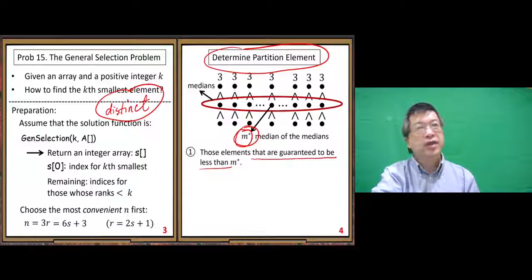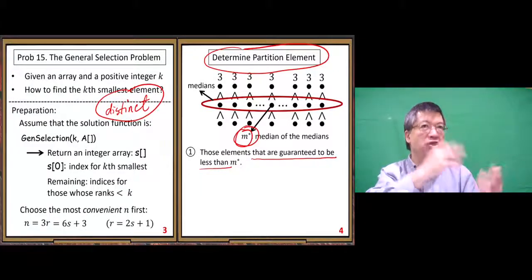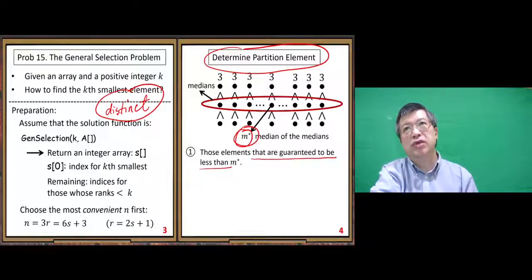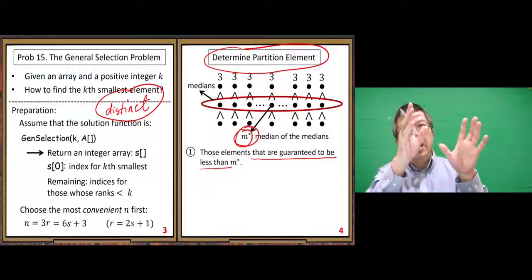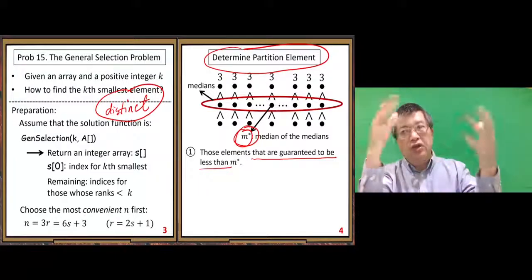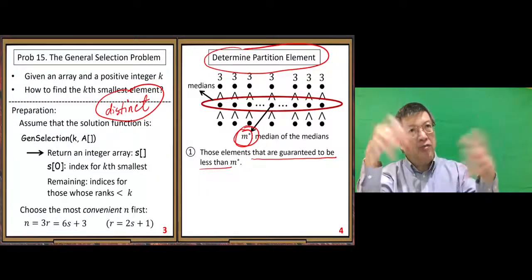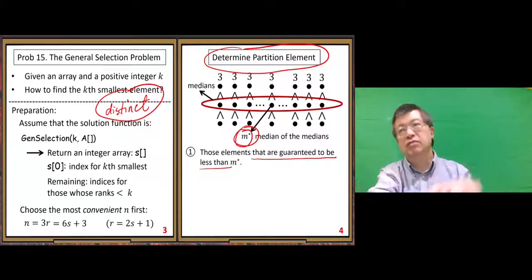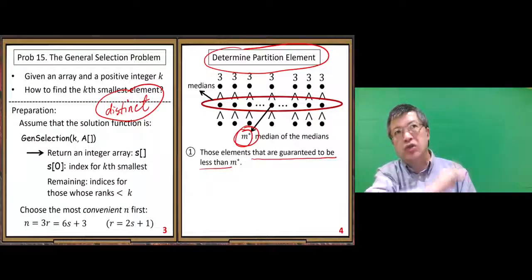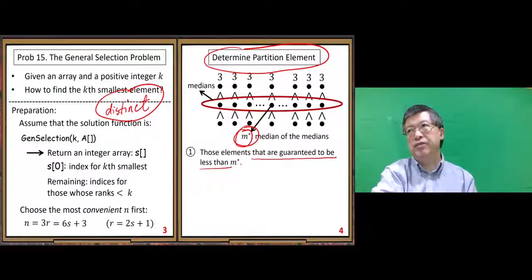If later it's not distinct, it's fine. We just do some small adjustment. But in our initial, the first round discussion, we like to make the situation easier for us.